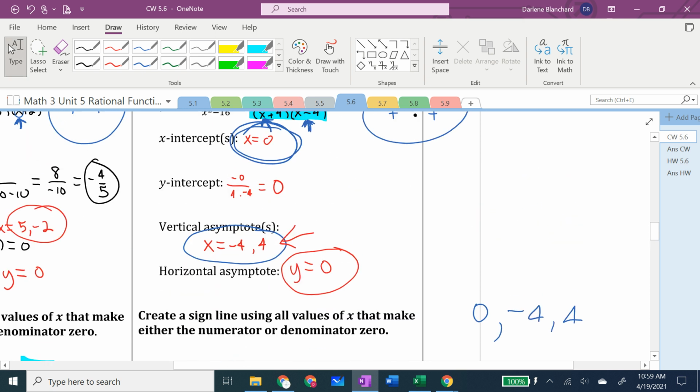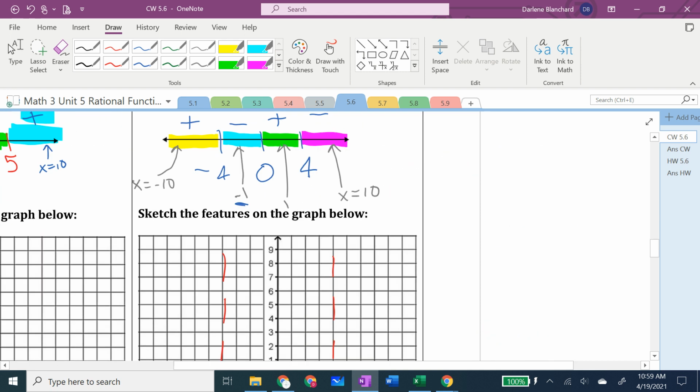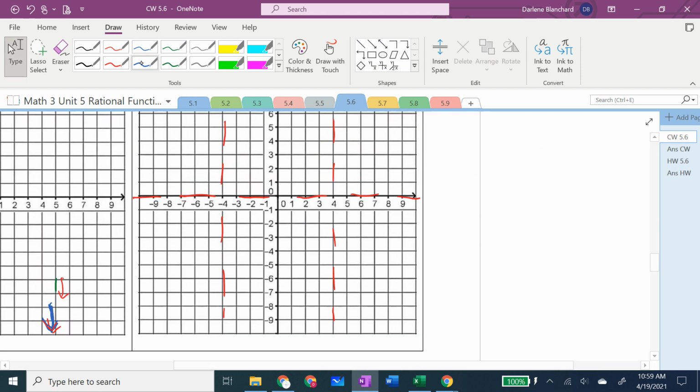My intercepts are just plain 0. So that means 0, 0 is 1 point, and it's the only point I know so far.